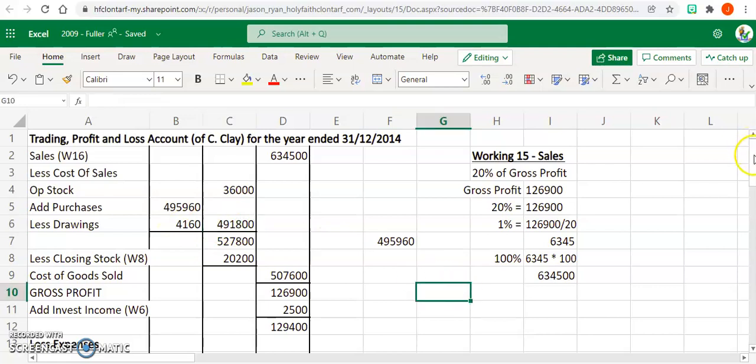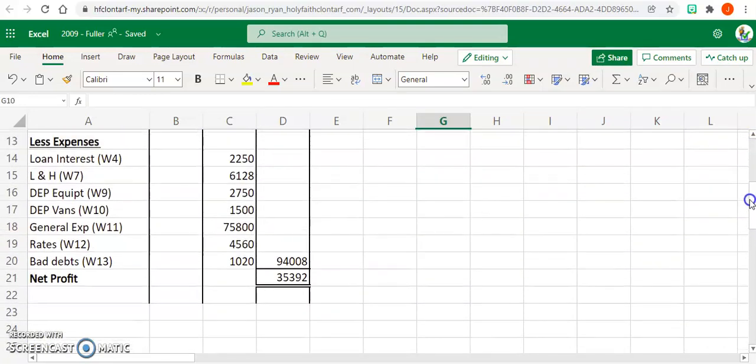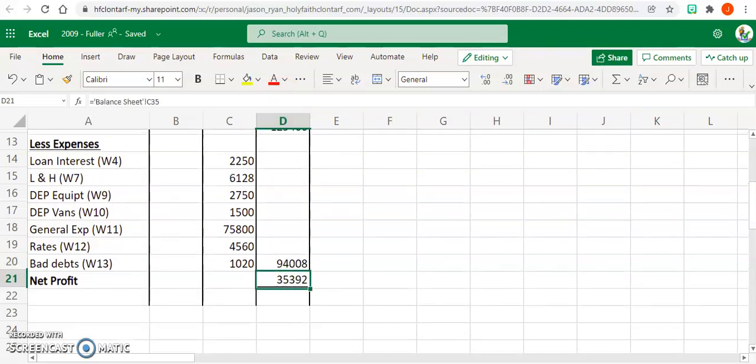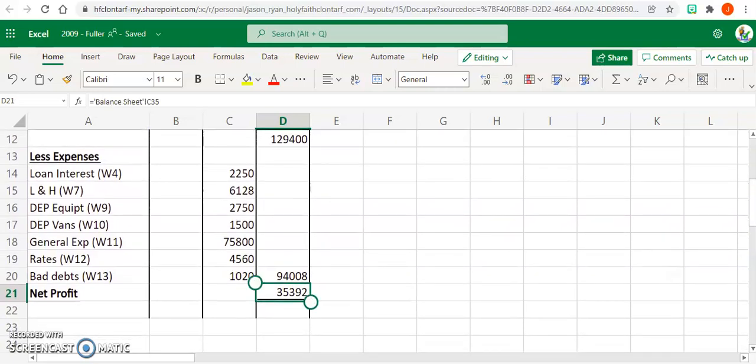So all we did with our profit and loss account is bring our net profit over from our balance sheet. We put in all our expenses and add them up together to give us a total figure. Usually we take these expenses away from a figure up here. To calculate the figure up here, we add these two figures together, and we get this 129,400.